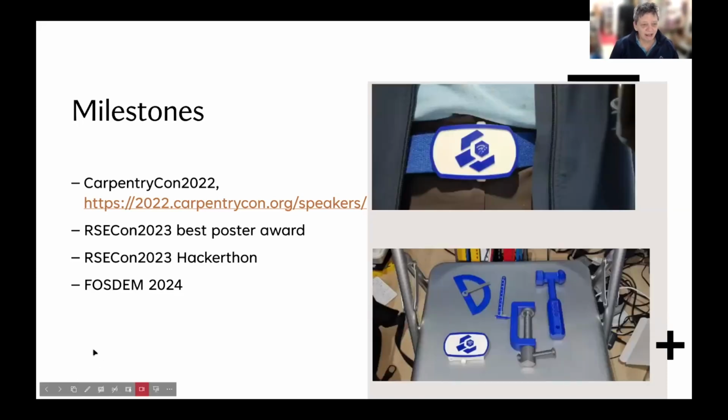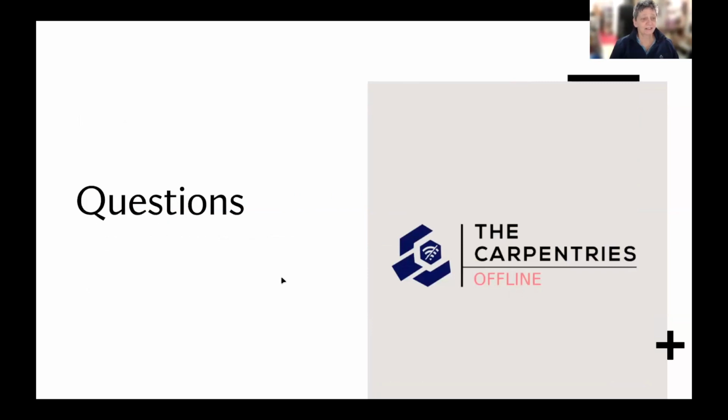We'll be wearing belts with the Raspberry Pi logo on, and hopefully have some 3D printed tools to show that we are the Carpentries Offline folks running Software Carpentry, Data Carpentry, and Library Carpentry workshops. And that's it. I hope it wasn't too quick or too slow.